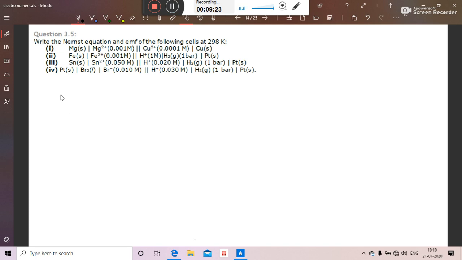Now number 3 is Sn / Sn2+, salt bridge, H+ / H2, platinum. Now here if we find E naught cell, that is equal to the reduction potential of the cathode, H+ / H2, minus the reduction potential of the anode, E naught of Sn2+ / Sn.